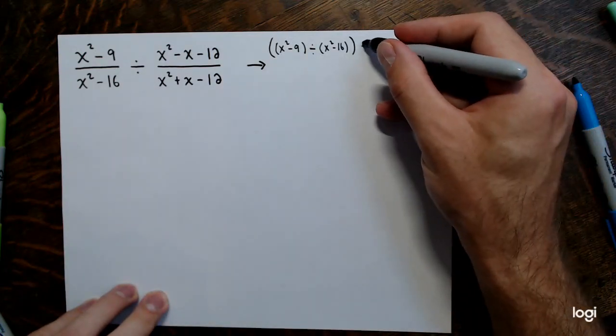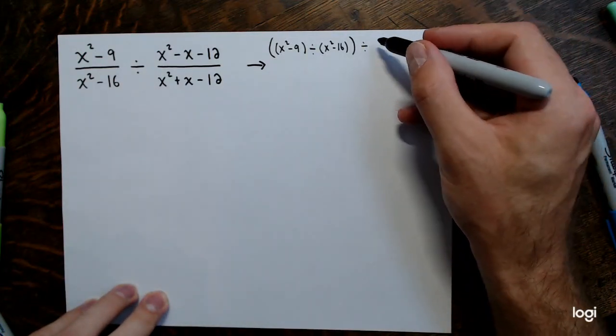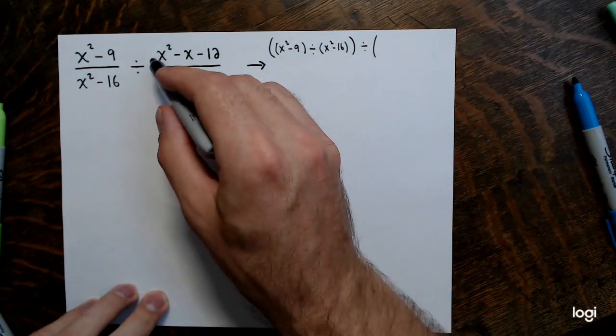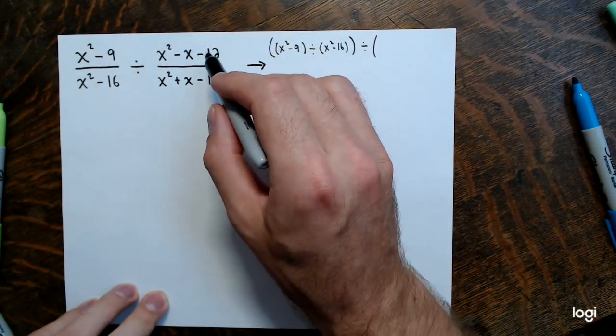Then we have division again, the main division, and then in parentheses I'll put this whole fraction here. This whole thing is the divisor.